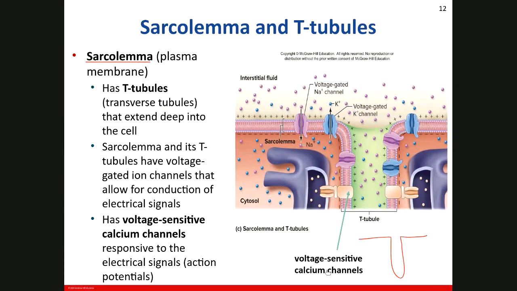So this is the cell membrane, which we call sarcolemma. Our sarcolemma makes a deep invagination inside the cell, and it can make the T-tubule, or transverse tubule. In the cell membrane and in the T-tubule, we have many voltage-gated channels of sodium and potassium. And specifically in the T-tubule, we have voltage-sensitive calcium channels.